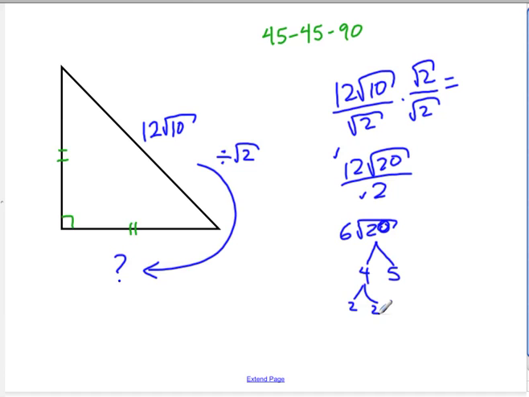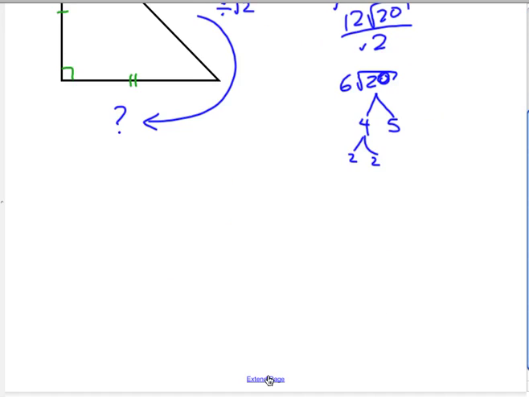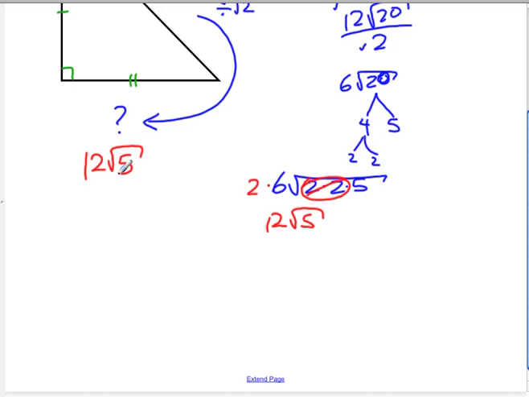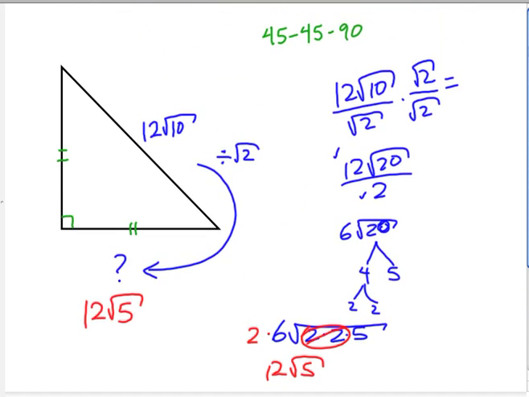And so I've got 6 times the square root of 2 times 2 times 5. And of course the 2's come out. Times the square root of 5. Okay, so that's a very quick review on 45, 45, 90 triangles.